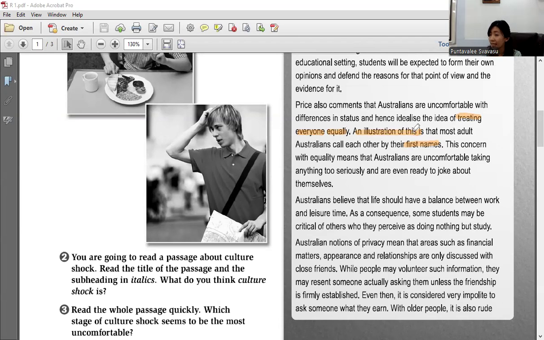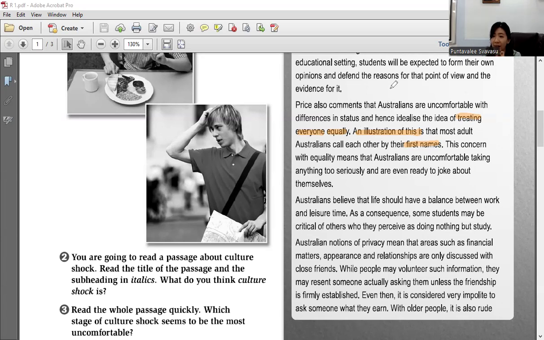When you say the word this, it refers to something before it. So this is an illustration of this, kind of like for example, and it refers to the sentence before. So here, treating everyone equally, status similar. So number 3 is true.